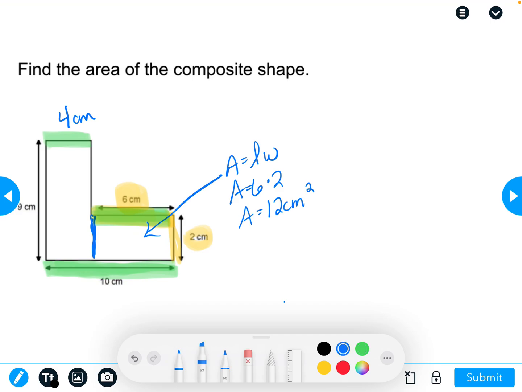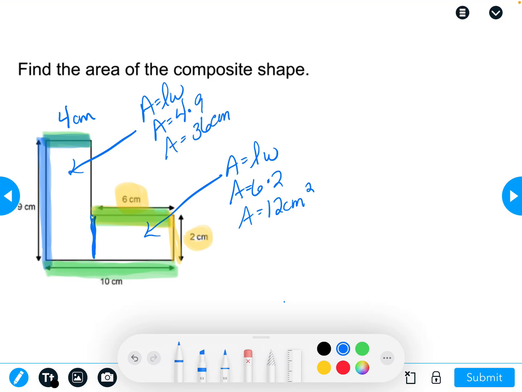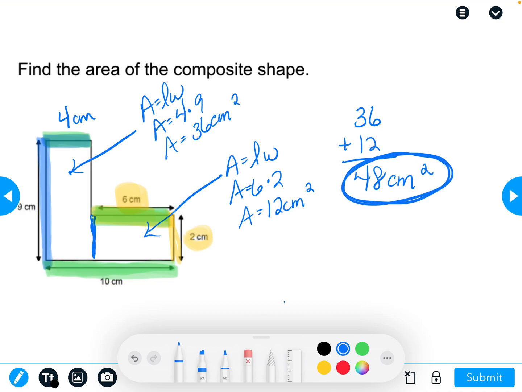And we can already see then, this is 4 by 9. So area equals length times width, and area would be 4 times 9, which would be 36 square centimeters. And then to find the total area, we're going to add them together. 36 plus 12 will give us 48 square centimeters for the entire composite shape.